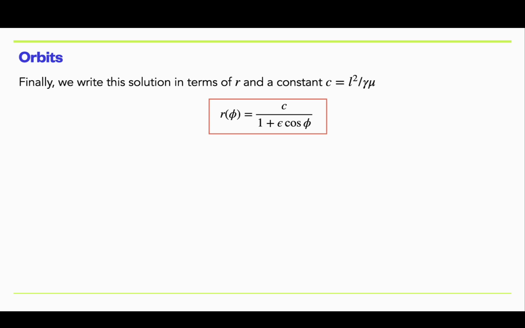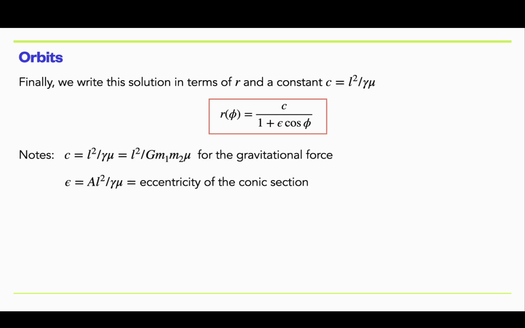If you compare it to the previous equation, you can show that that constant is the angular momentum squared over gamma mu. For gravity, it turns out that c is L squared over G m1 m2 times mu. Epsilon is that, and again, it turns out that's the eccentricity of the conic section.